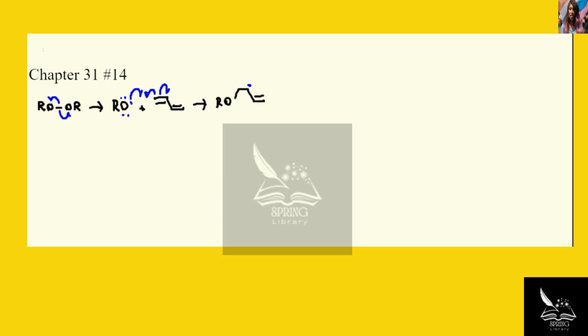What's actually going to happen next is a radical rearrangement. This is an allylic radical, and so it can rearrange. We could visualize that as one of the electrons from the double bond coming together with that radical electron to form a new double bond there, and the other electron of the double bond reverting to this terminal carbon.